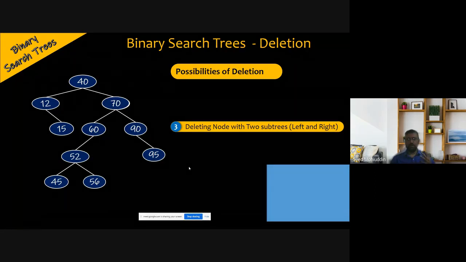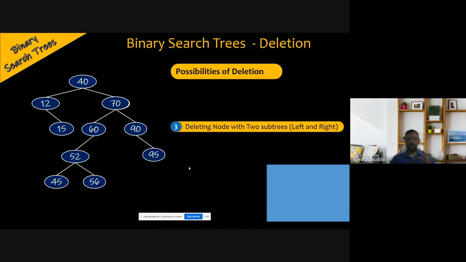If you are deleting a node with one subtree, left or right, then delete that node, but make the parent, whether on the left or right, link to the child or the root of the left or the right subtree.